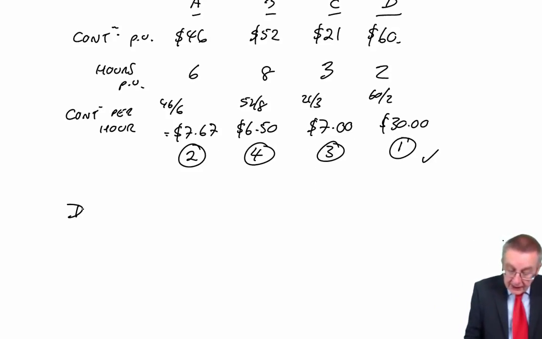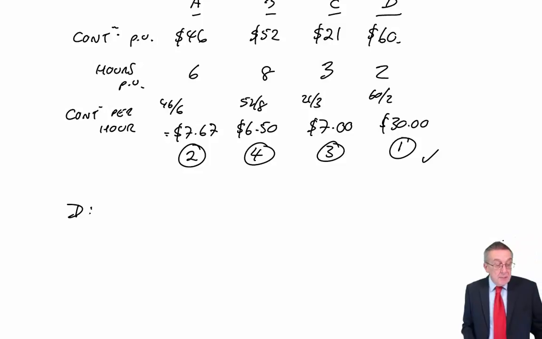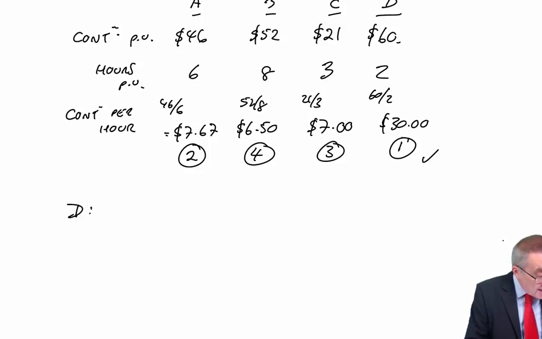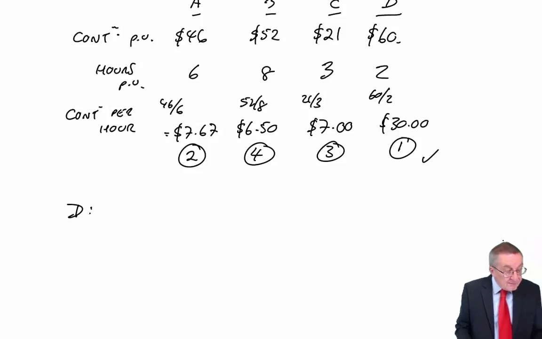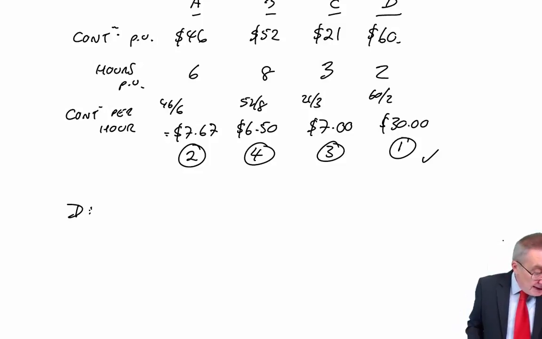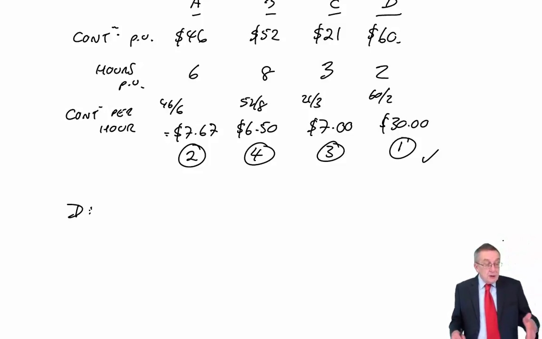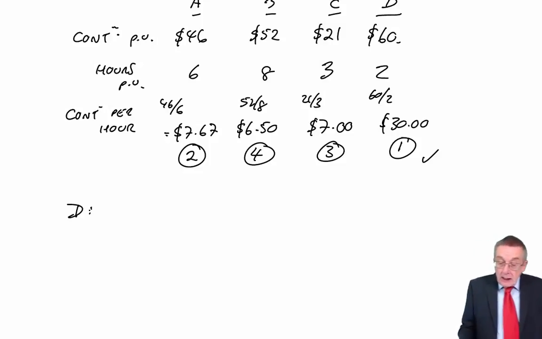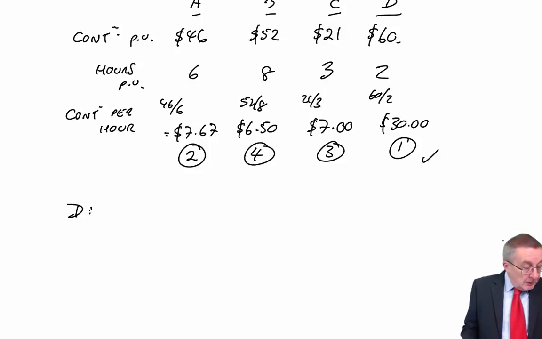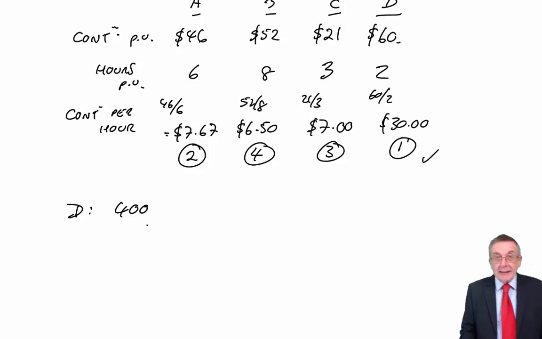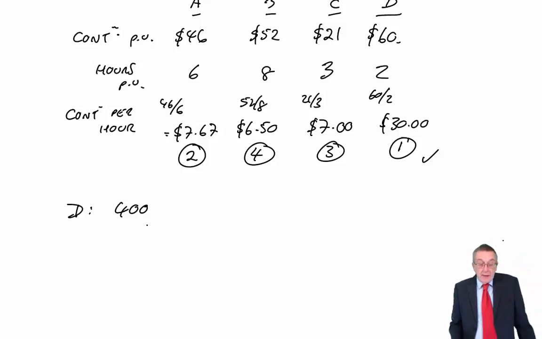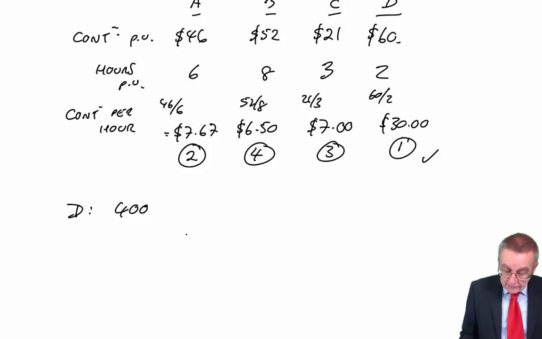We will make D, but of course there is a limit to how many Ds we can make. The question said, the figures represent the full capacity level. Planned output is equal to maximum demand. So D, we were intending to produce 400. That must be the maximum demand. So whatever happens, we can't make more than 400.